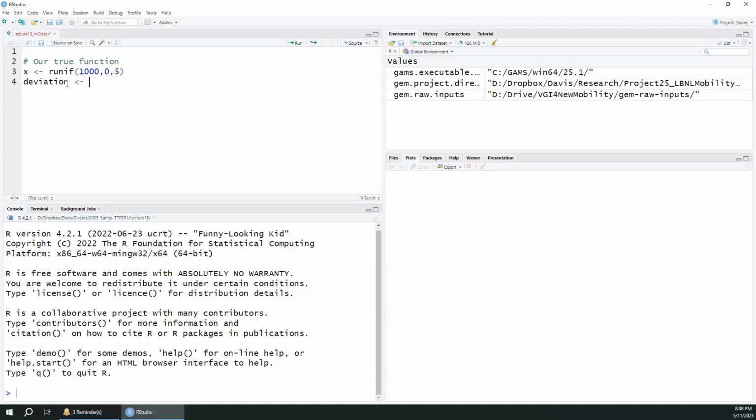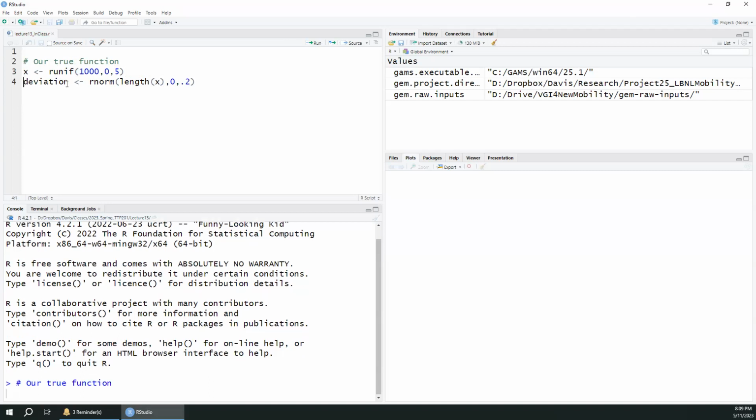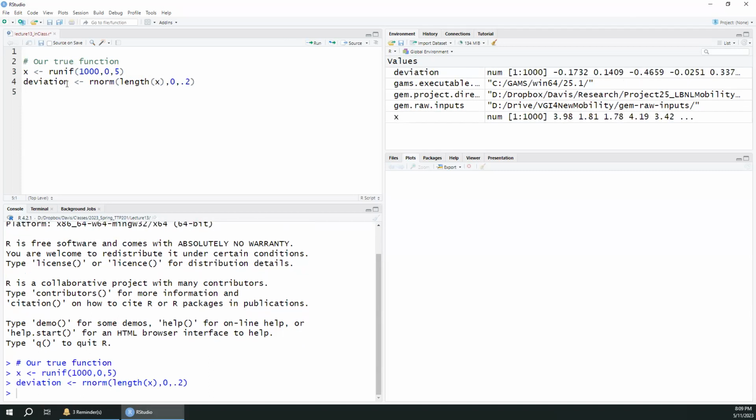We're going to have our deviation or our error term. Before, I believe we defined y as half of x plus the deviation. Now we're going to do an extremely non-linear term here.